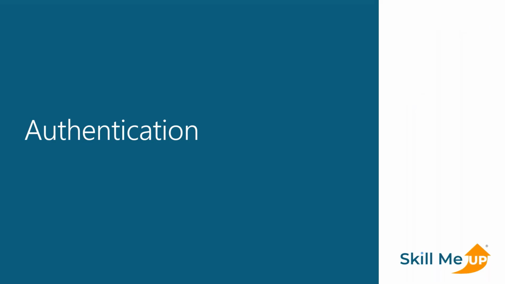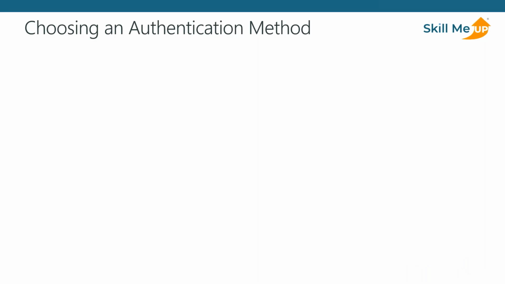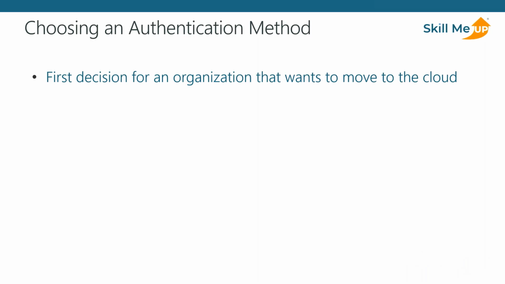Okay, so let's talk about the authentication then. After we have our directory architecture, we have our Azure AD Connect synchronized, the next step is obviously to understand the authentication process. So how do we choose an authentication mechanism? Well, the decision is really based around when you move to the cloud. The first business goal in authentication is, are we going to allow people to sign into the cloud?